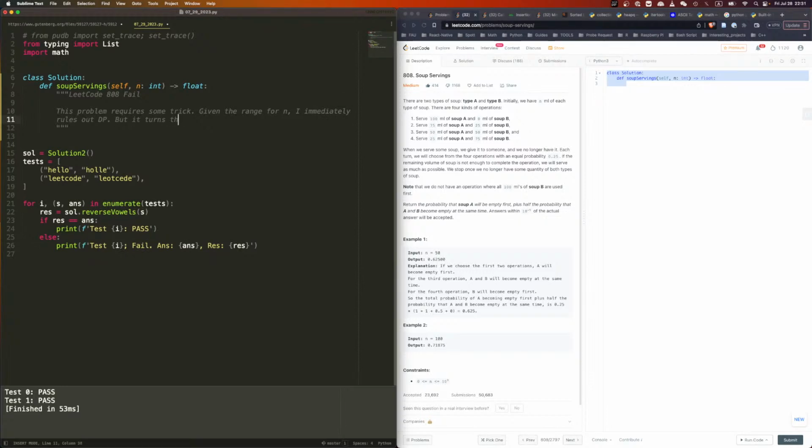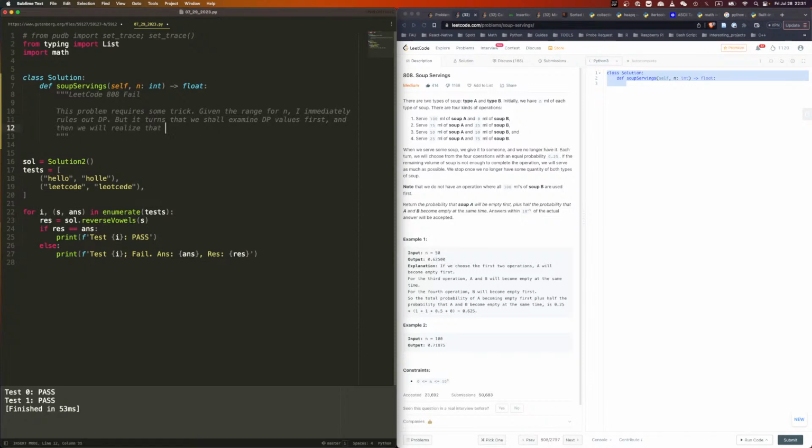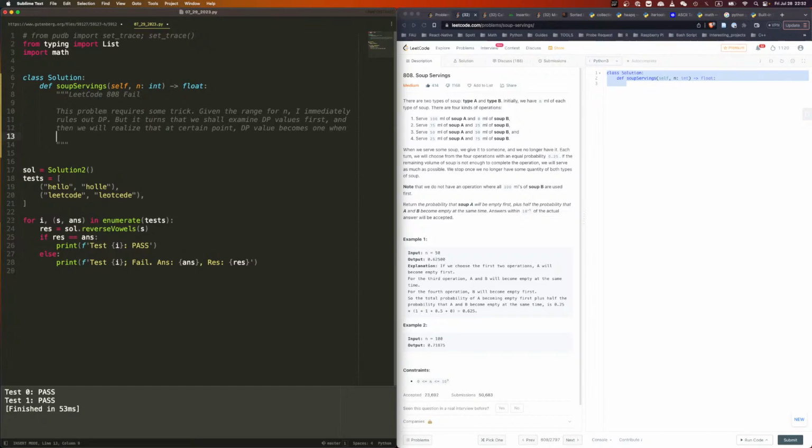But it turns out that we shall examine DP values first, and then we will realize that at a certain point the DP value becomes 1 when the amount of soup is bigger than a certain threshold.